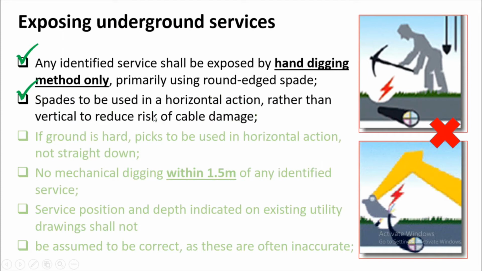Spades to be used in horizontal action rather than vertical to reduce risk of cable damage. So when they are using the spades, they will use them in horizontal action only, not directly vertical to the ground, so that it will limit the excavating of the soil when the worker is using it on the ground.